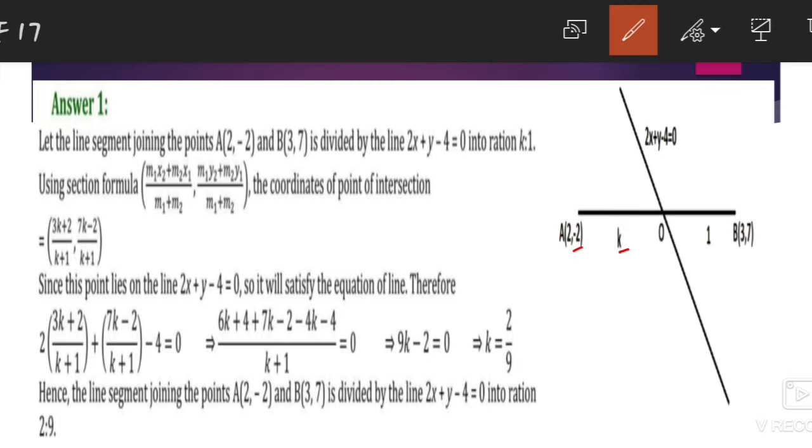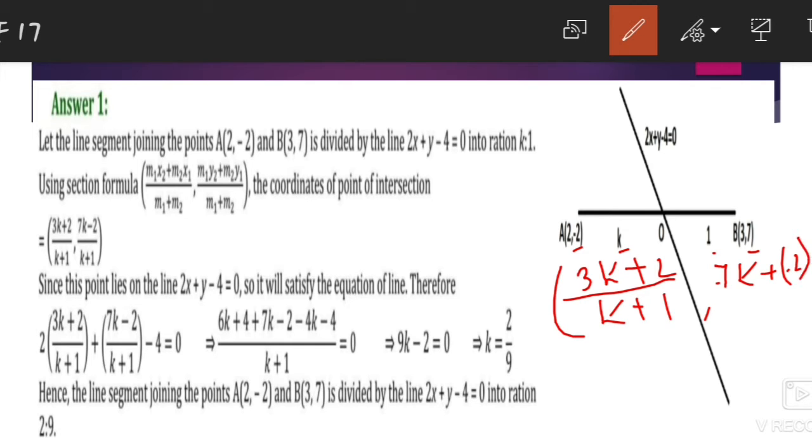As you can see, the coordinates and the ratio are given. So the x coordinate will be 3 into k, that is 3k, 1 into 2, that is plus 2, by the sum of the ratio, that's why k plus 1. And for the y coordinate it will be k into 7, that's why 7k plus 1 into minus 2, by k plus 1. In this way you get the coordinate of O point.